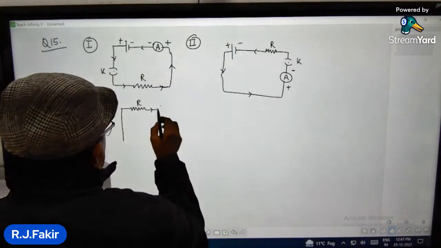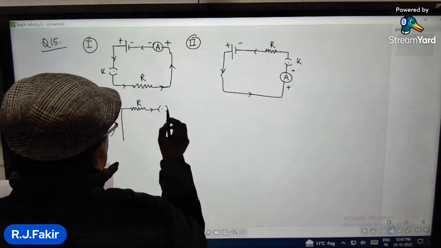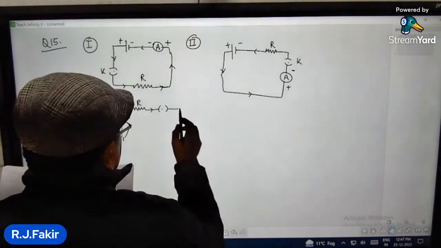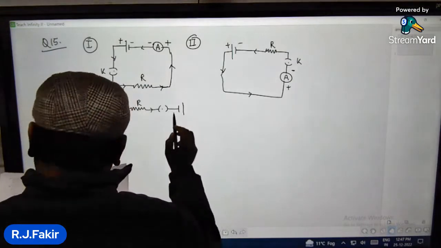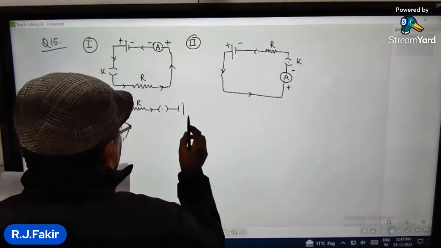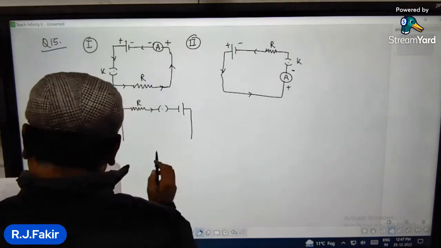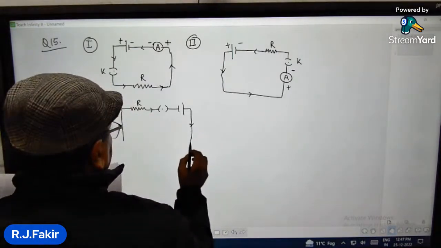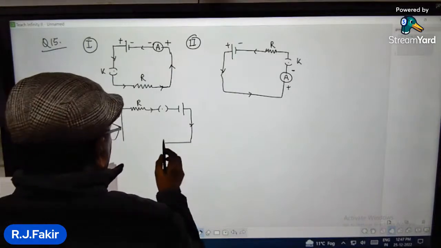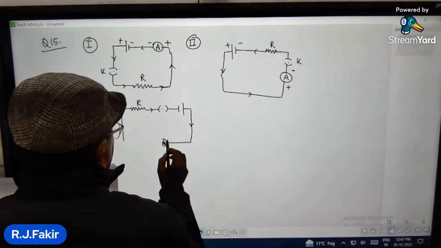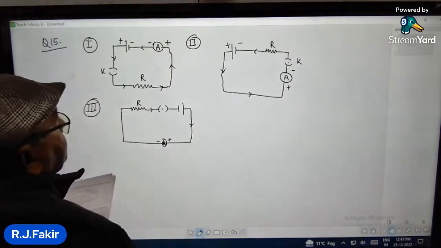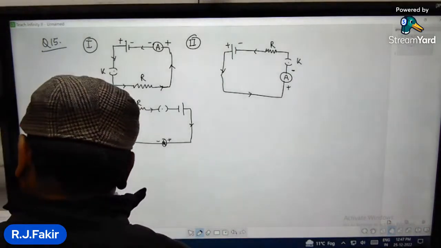Then you have a key, then the battery here, and now the ammeter is shifted to this side, positive, negative.